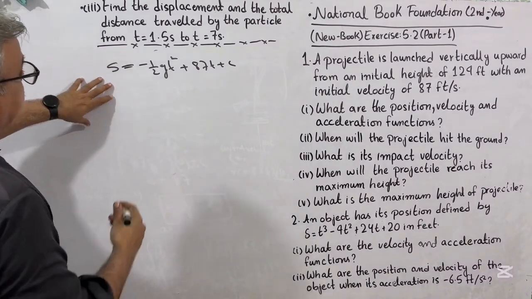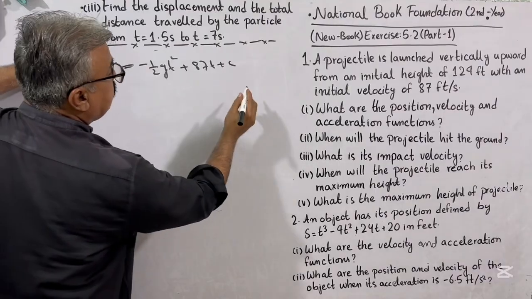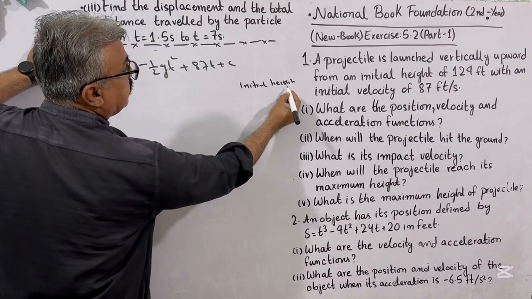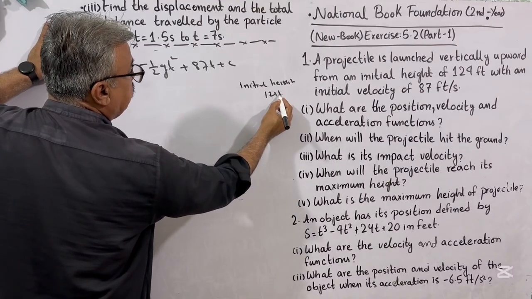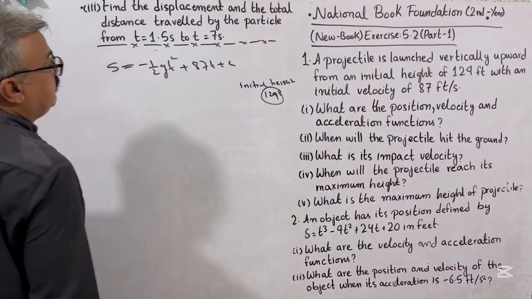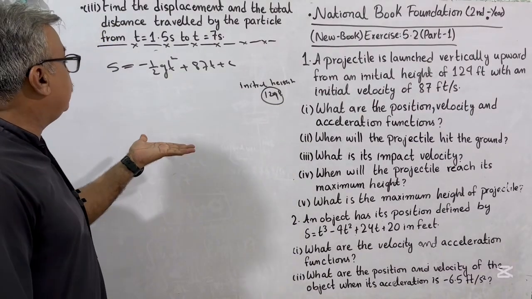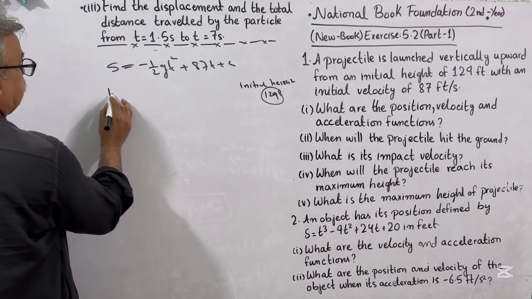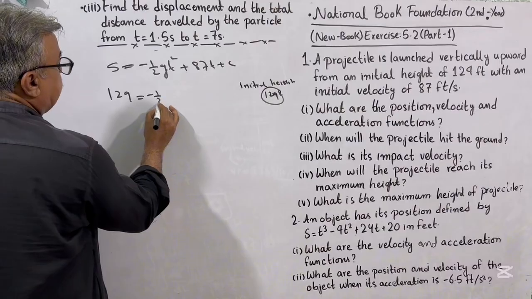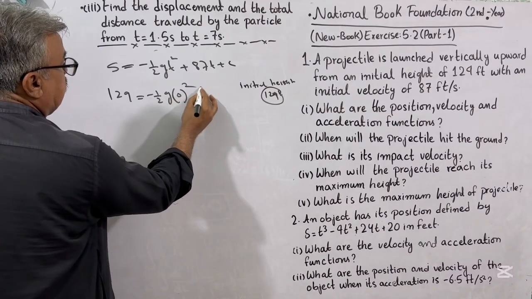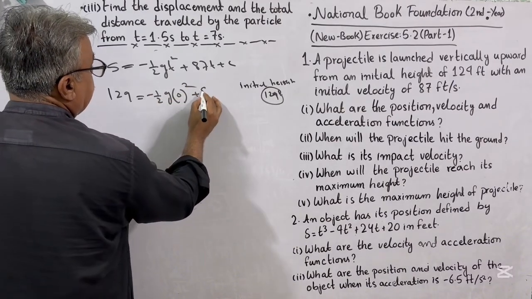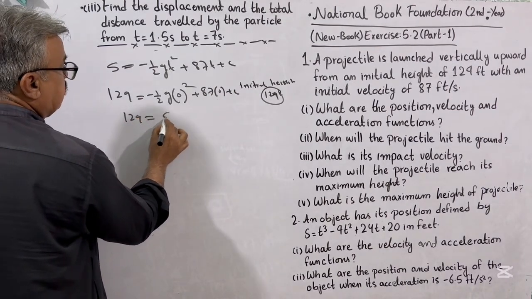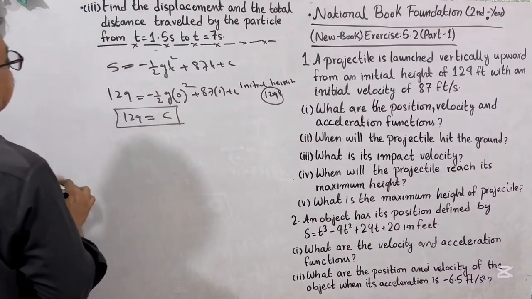Now, from velocity to displacement, again there is a constant c, and we have an initial height of 129 feet. At the time of launch, when time is 0, the height is 129 feet. So our constant is 129 in that case.